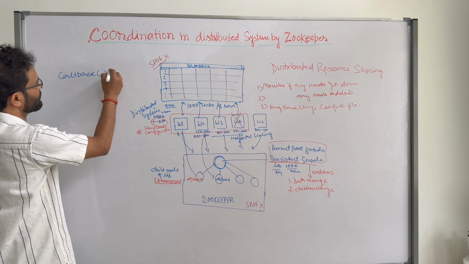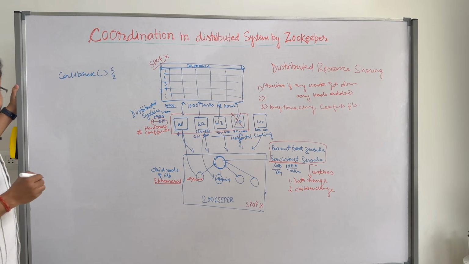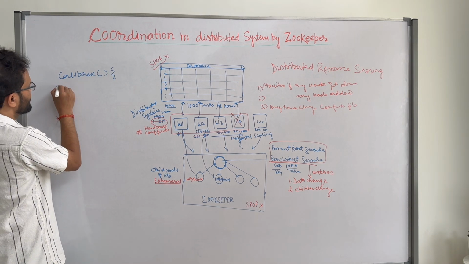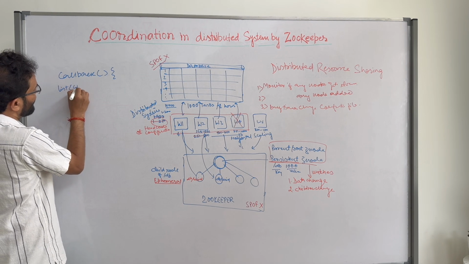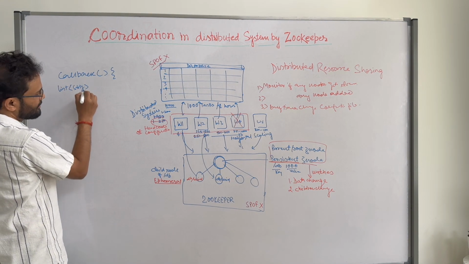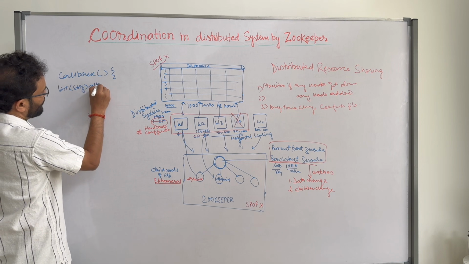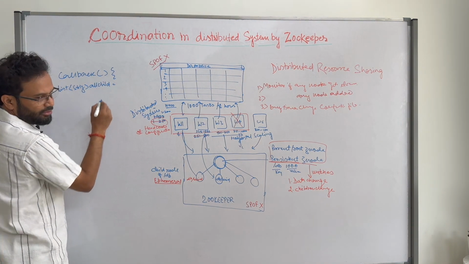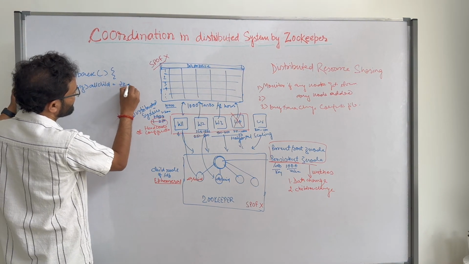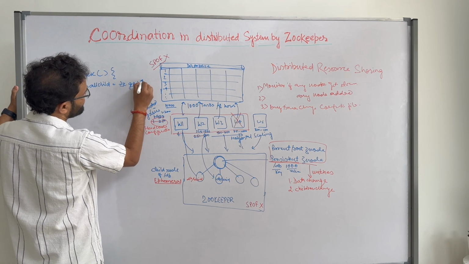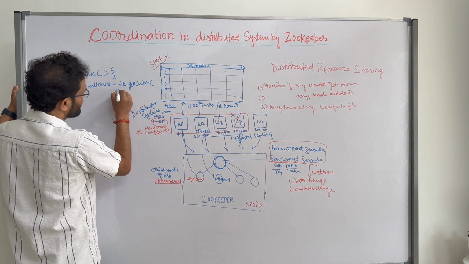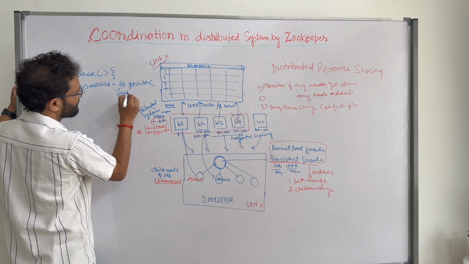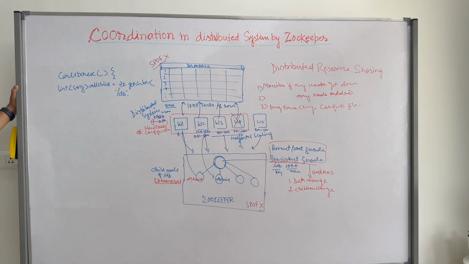So whenever the callback method is executed, first you fetch all the children, so all child from where? zookeeper.getChildren with the db path, so db is the parent, right?